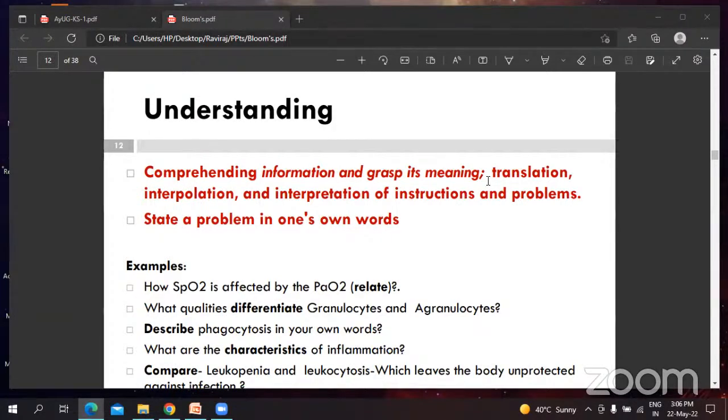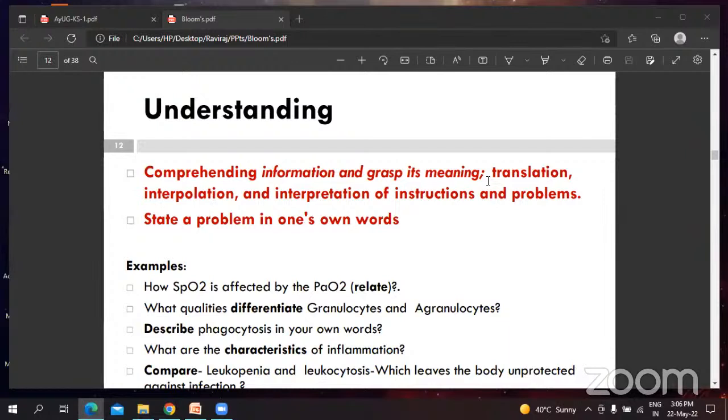So an X-ray report is saying something on a paper, on a sheet, or on a film, but you'll have to interpret it, whether it is pneumonia, bronchitis, or tuberculosis, right? And from that, you will have to identify the problem. And so as to identify the problem, you must understand the process. In the medical field, if we speak of a process, it is a disease process with pathogenesis, right?